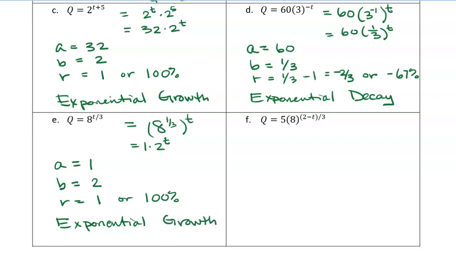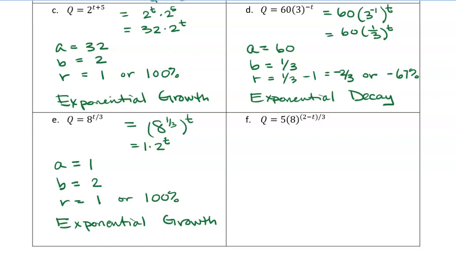All right. Let's take a look at this next one. We got a lot of stuff going on here. Again, it's just a matter of remembering the properties of exponents and rewriting this in the standard form. I've got a third in there, so we have 5 times 8 to the (2 minus t) over 3.